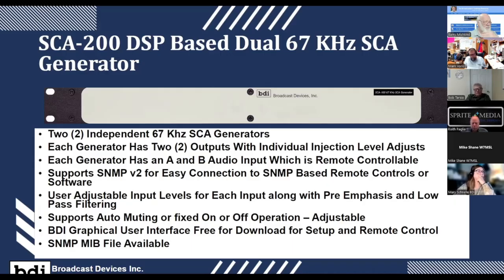Again, the Reading for the Blind services is one of the bigger users of these SCA services. I asked somebody recently, I think it was at a trade show, who was involved with one of these organizations: why is it that in this day and age you're still relying on subcarriers and SCA service? He said, well, it's very simple. For people who are sight impaired, a radio receiver is a very simple thing to operate.